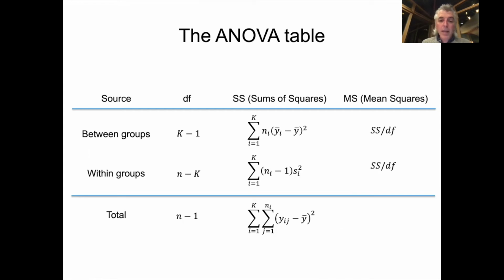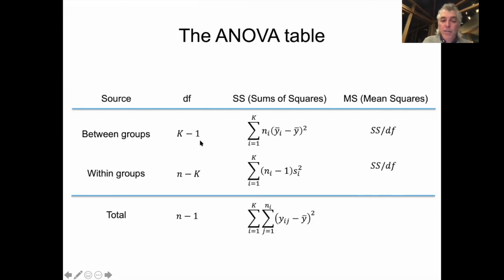Now we can depict all of these different components of our F test statistic in what's called an ANOVA table, where we report the between group effect and the within group effect as separate rows in our table. And we have degrees of freedom, sums of squares, and mean squares. If you recall, the mean square is just the sums of squares divided by the degrees of freedom.